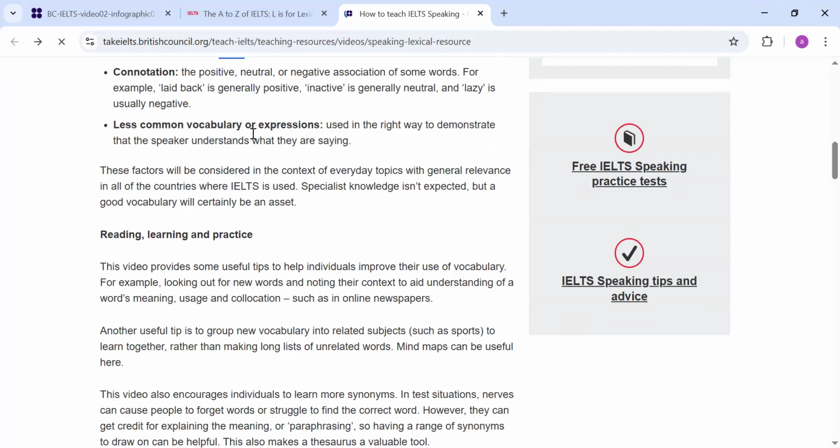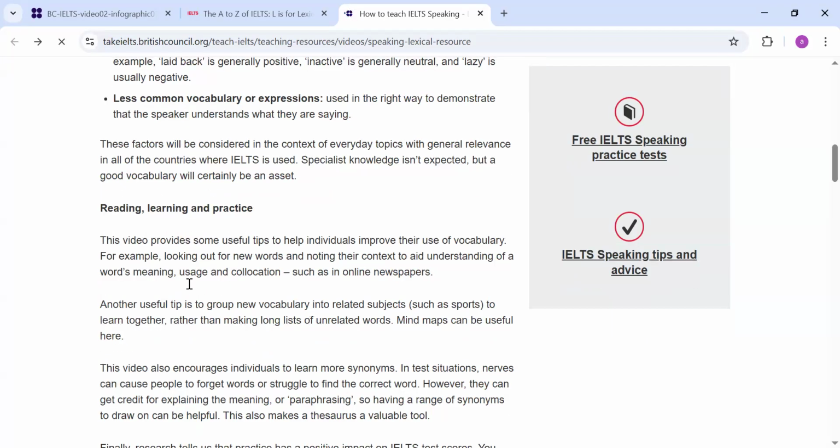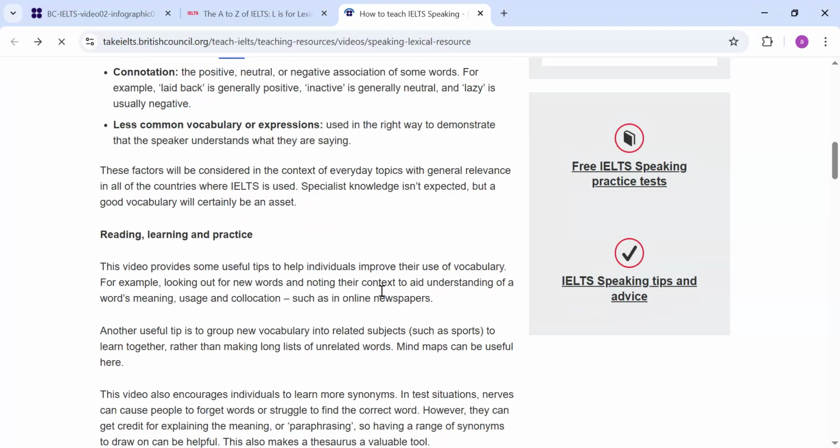But what do we do if we want to learn some words related to that topic? This video provides some useful tips to help. Looking out for new words and noting their context, with understanding of word meaning, usage and collocation, such as in an online newspaper.